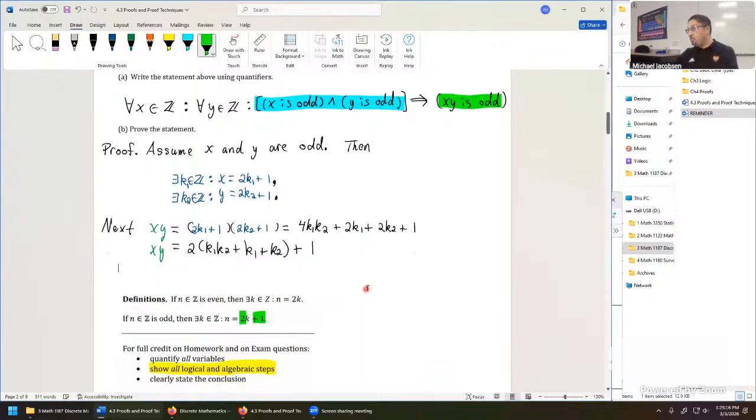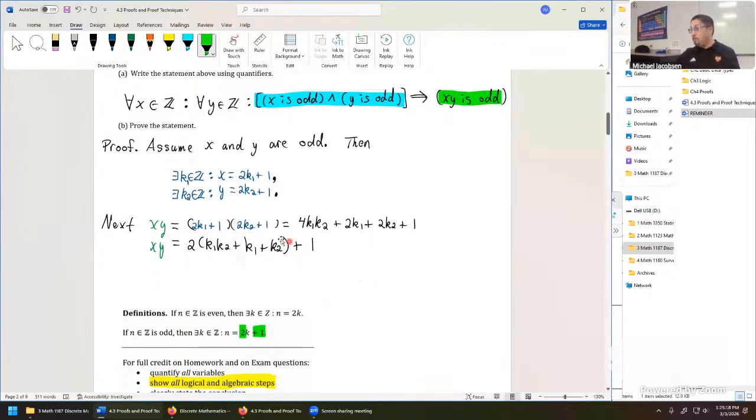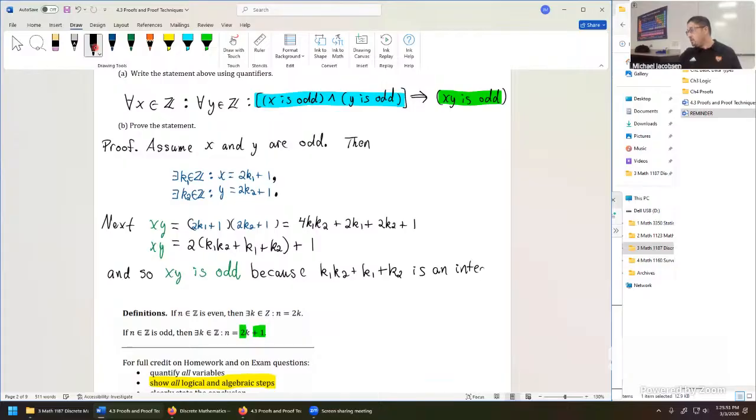But because it fits this format, we could do what we did before, redefine this as an uppercase K and just fit it here. Or we can say, here's just a different way to go. XY equals this. And so XY is odd because k1 times k2 plus k1 plus k2 is an integer.